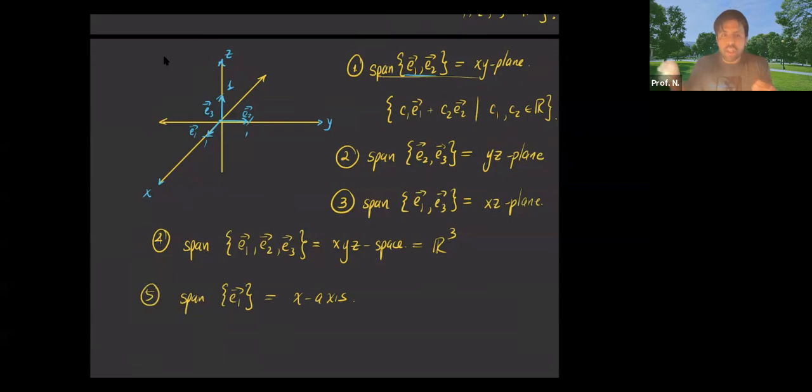If you find all scalar multiples of one vector, you're basically saying, take this one vector and find all scalar multiples. That would span just one single dimensional line, which would be the x-axis, and so forth. Span of E2 would be the y-axis. Span of E3 would be the z-axis.